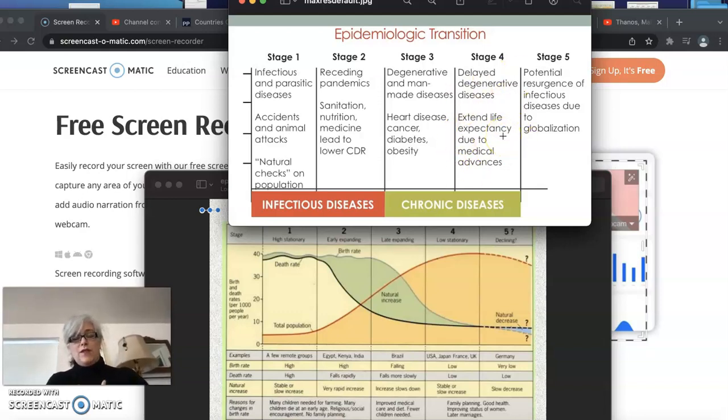We do it to ourselves: sedentary lifestyle, eating the wrong food, eating too much food, carrying too much weight, such as me. We create these diseases for ourselves, but they can be treated. And so life expectancy can still last well into our 80s or 90s in the United States.